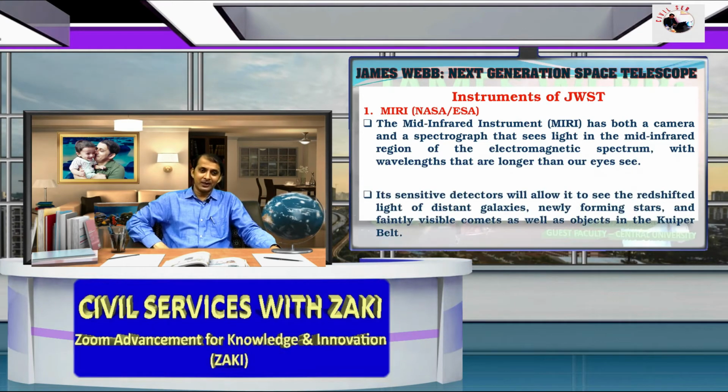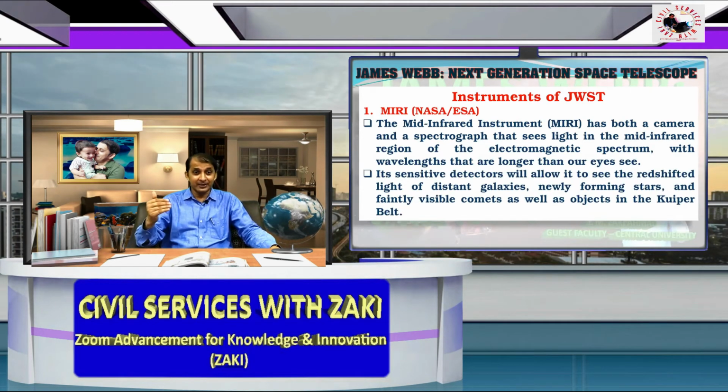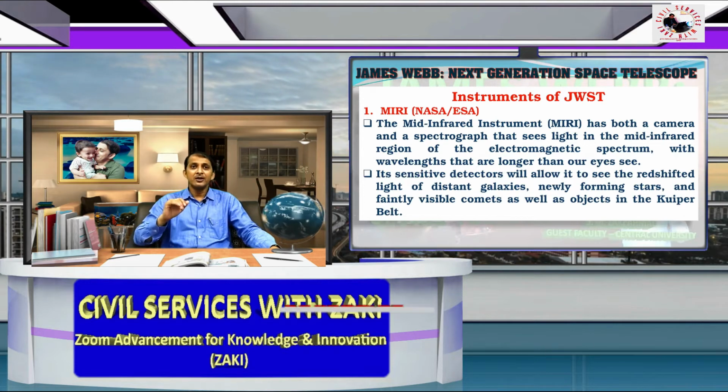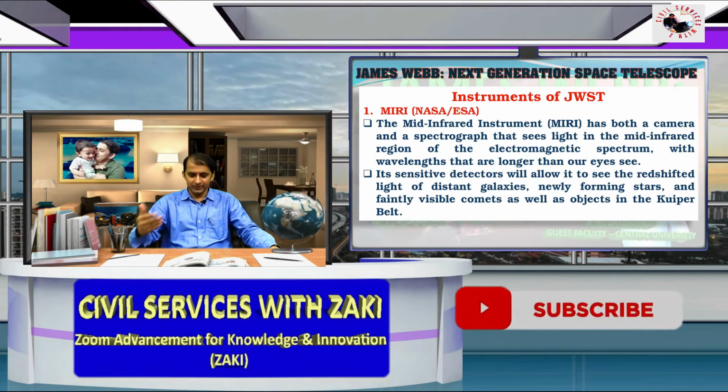So see what this instrument will see. It is sensitive enough to detect the redshifted light of distant galaxies, newly forming stars and faintly visible comets, as well as objects in our Kuiper belt, meaning our solar system.